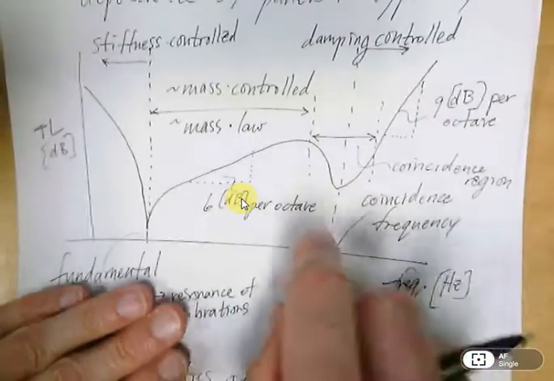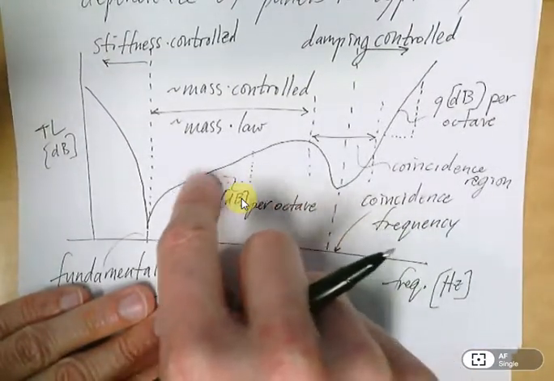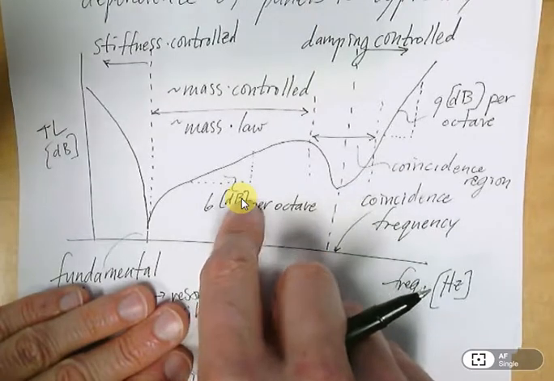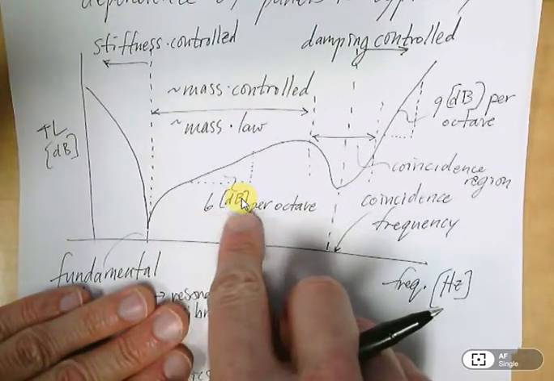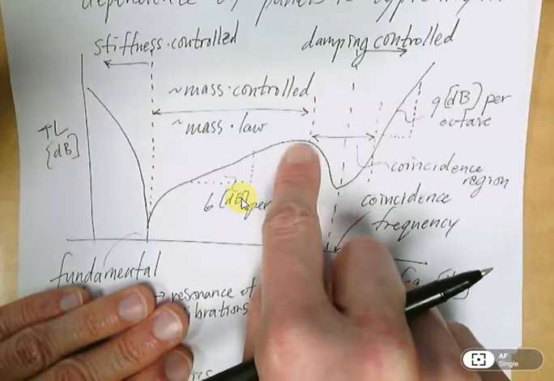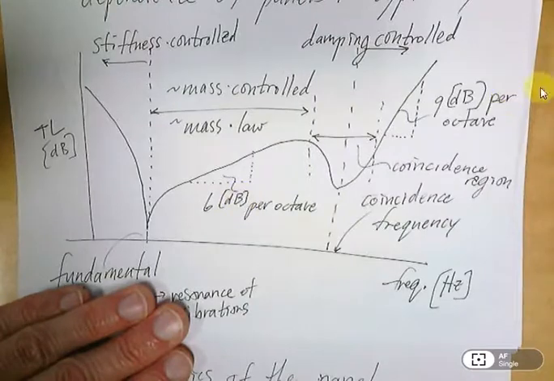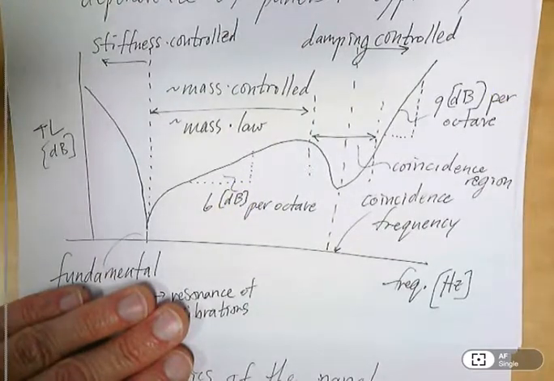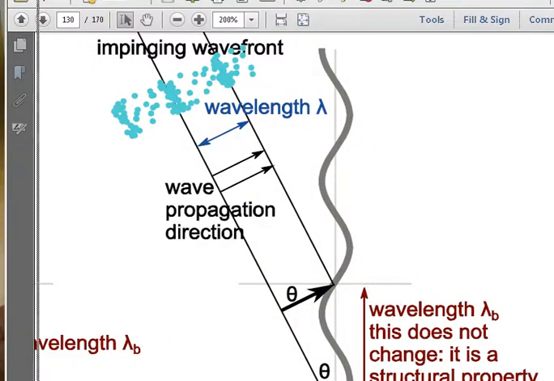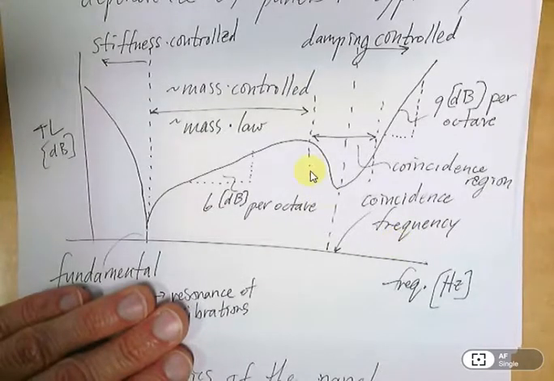So after this increase in the transmission loss of the panel by about 6 decibels per octave, at some point the frequency will increase greatly enough that, depending upon this angle of oblique incidence, theta, a reduction of the transmission loss will occur around the coincidence frequency, and above that frequency region of coincidence, we have a growth of transmission loss somewhere around 9 decibels per octave, which is damping controlled.